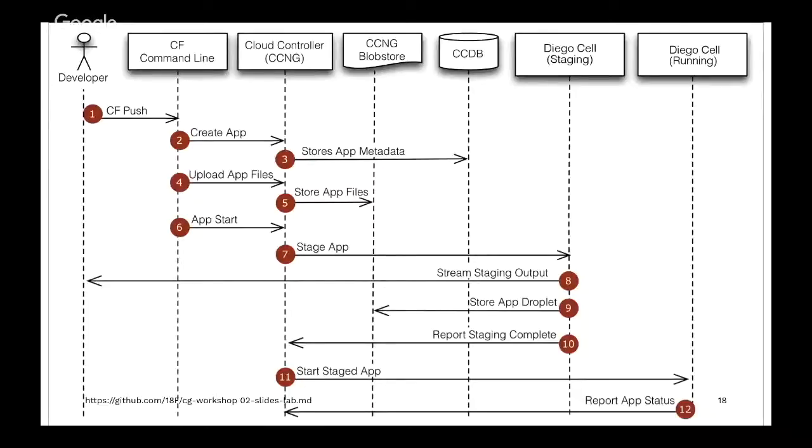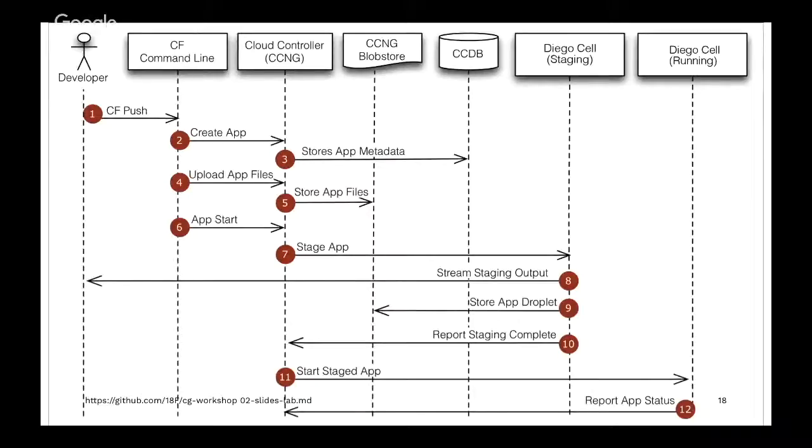So these are the steps in a sequence diagram, just to get a little bit of the flavor of the Cloud Foundry internals that cloud.gov uses. So you run cf push. The command line says, okay, I'm going to tell the cloud controller to create an app. The cloud controller stores information about the app in the database. The command line uploads the app's files. The cloud controller stores those in a binary data store.